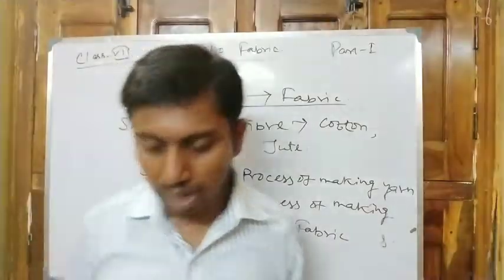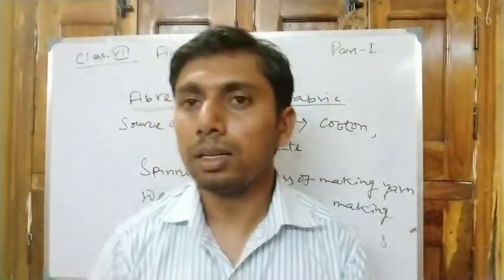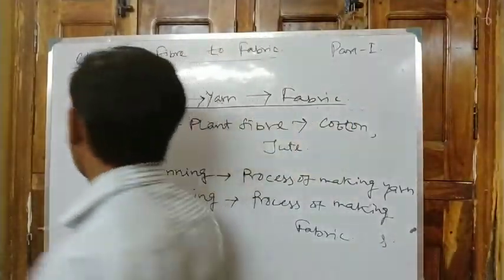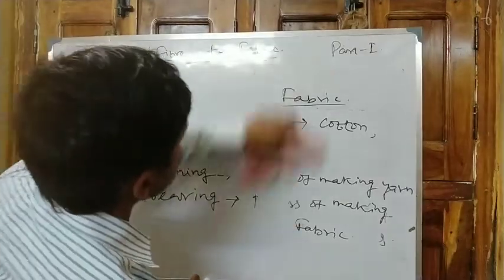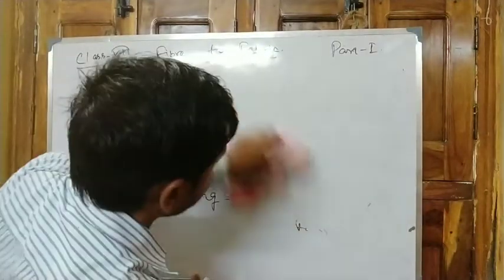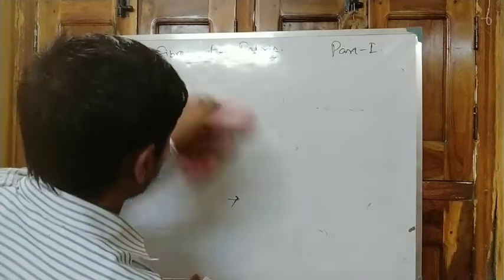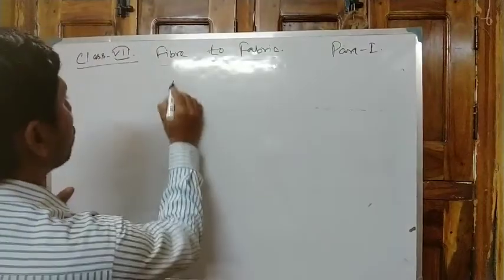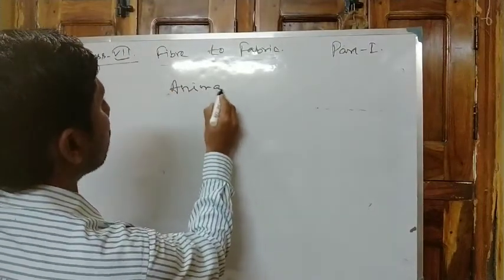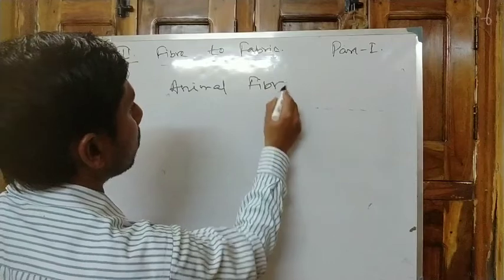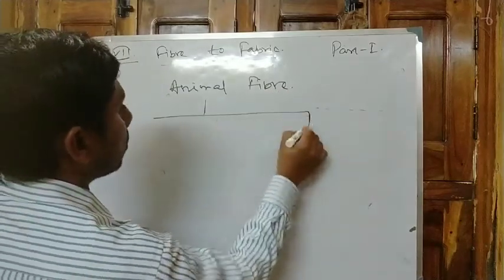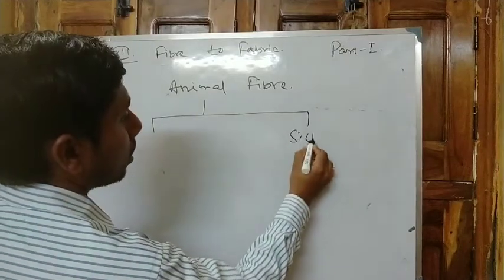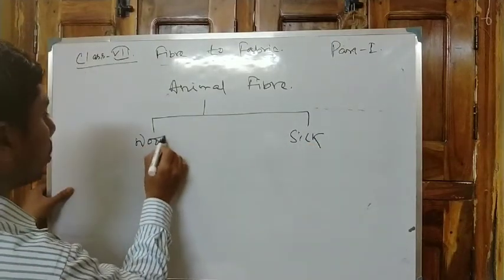Now in class 7 you have to know the sources of some animal fiber. Animal fiber comes from different animals, that is silk and wool.